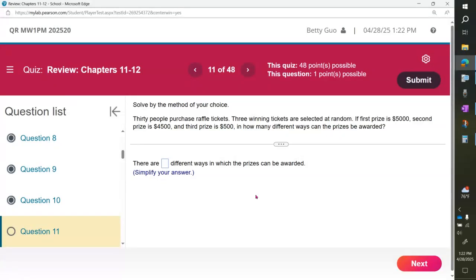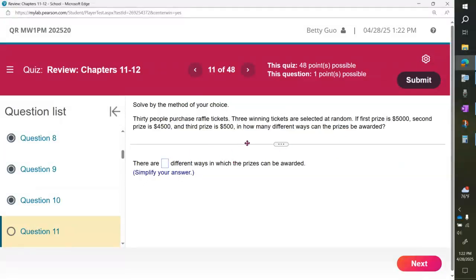I hope you see it already. It's a permutation problem. 3 people among the 30 people will win the 3 prizes. Since the 3 prizes are different, order matters, like 3 different offices or 3 different seats. The awards are different.